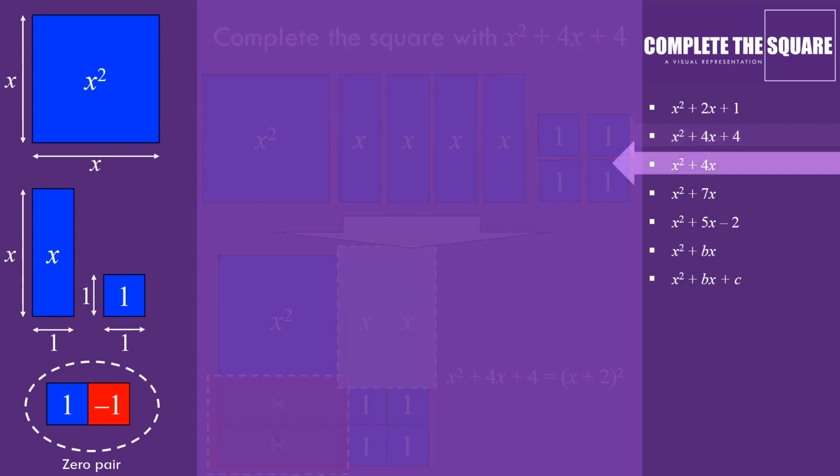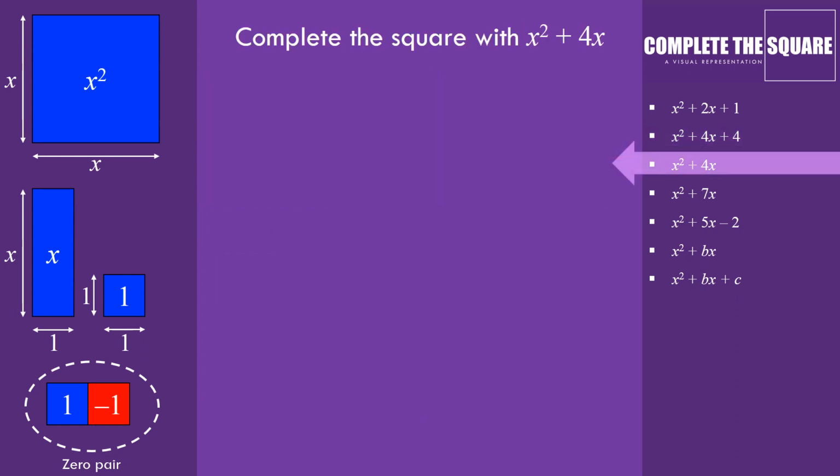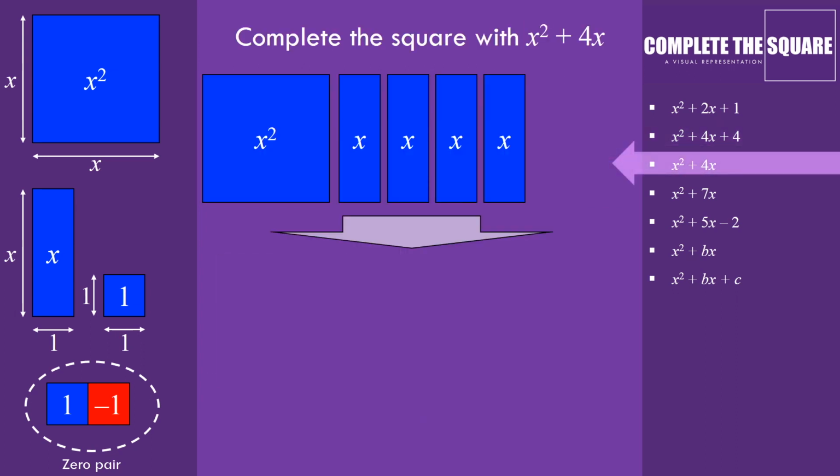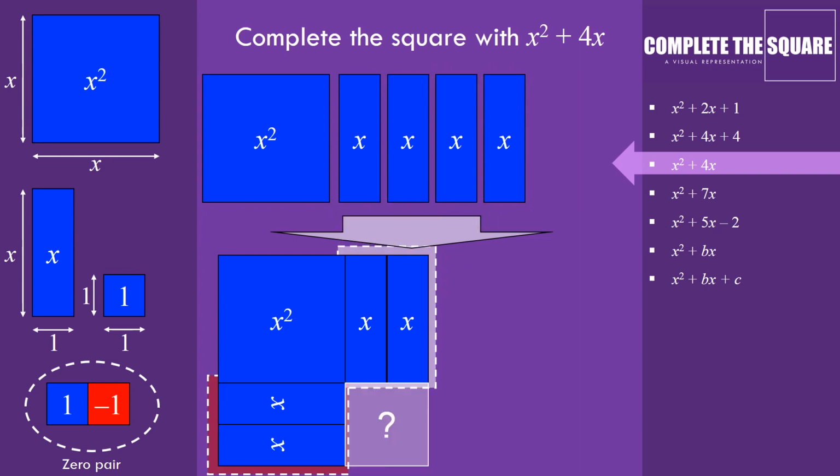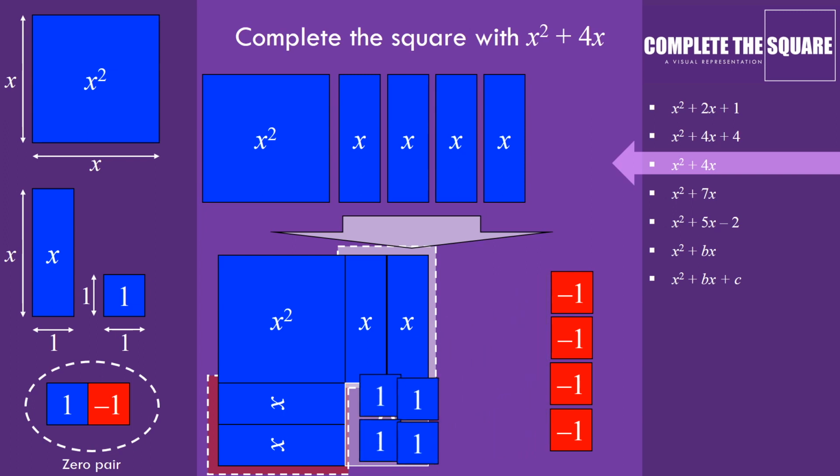Suppose we only have x squared plus 4x instead. We can align the x tiles using the method earlier, but we will have a missing space that needs to be filled. Here's where the concept of zero pairs comes in. We know that we will need 4 1 tiles to fill that space, so we introduce 4 zero pairs into the system and move the 4 1 tiles to fill the space. We have formed our larger square of length x plus 2.